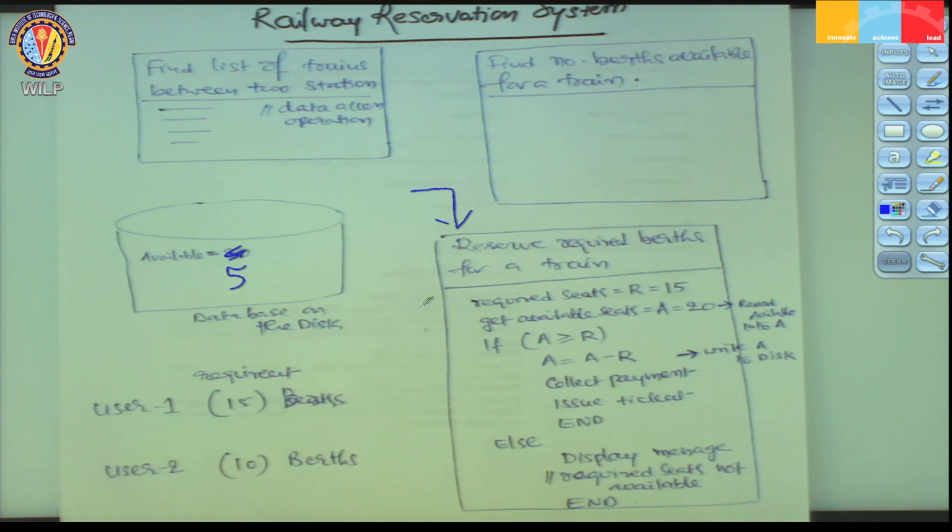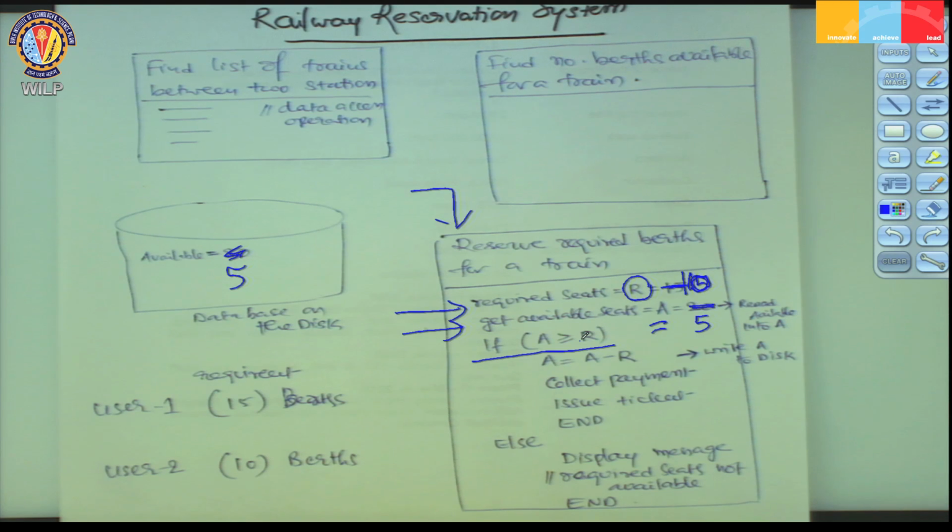The first instruction will ask for the required seats, and it will store that information in local variable R. The required seats by user 2 are 10. Then it will get the available seats from the database and store it in A. Now it is going to be 5, and when you execute this, that is if A is greater than or equal to R, then there is a problem.